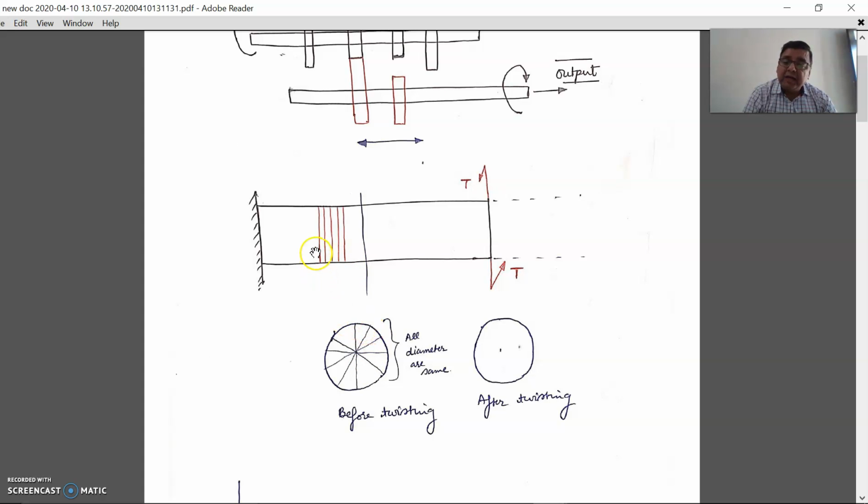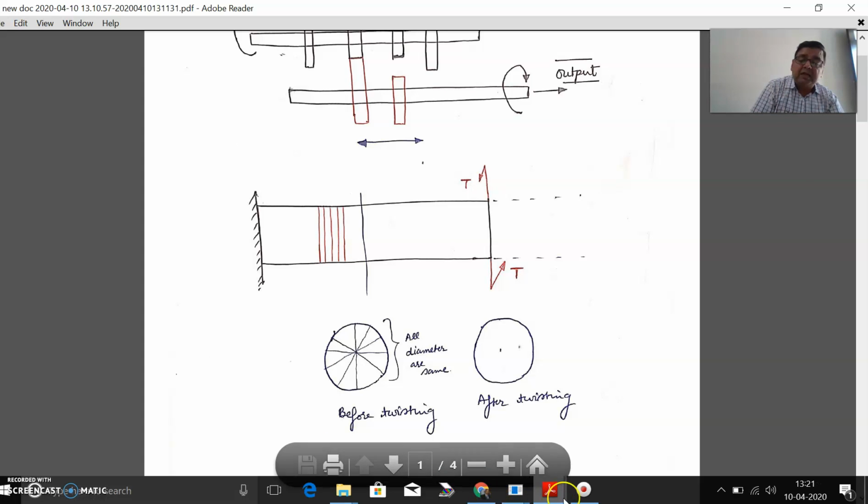And if I draw the side view, likewise every plane can be drawn in a side view, and this type of side view it will be. Now we can see that this plane will remain a plane only. Plane only means this will be only a circle. This will not change into an ellipse or anything like that.